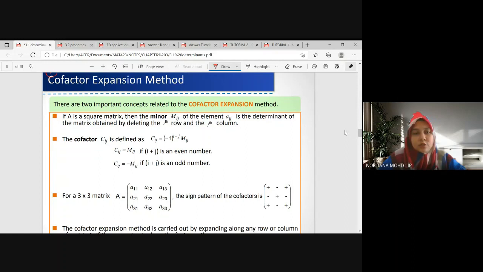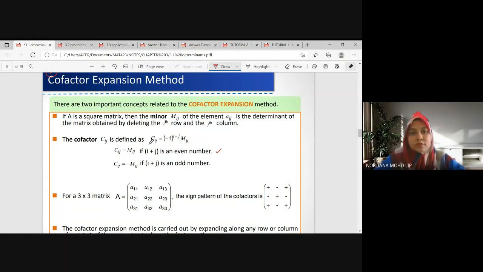Okay, the cofactor is defined as the negative or positive sign of a minor. If i plus j is an even number, then it is the positive sign of a minor. The cofactor is the positive of a minor when i plus j is an even number.